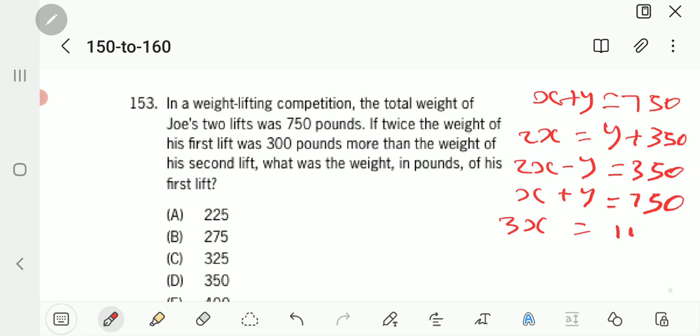Is that right? This one is 750. Oh, I'm sorry, this is actually 300. This is 300 and not 350.